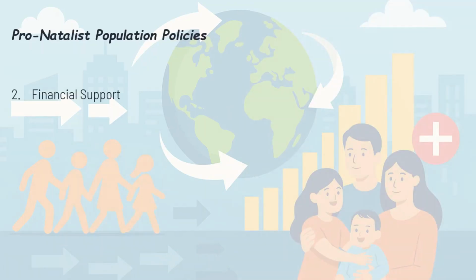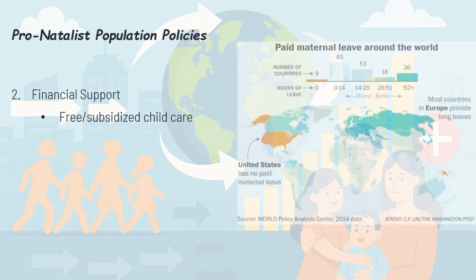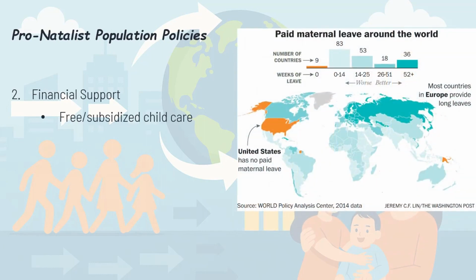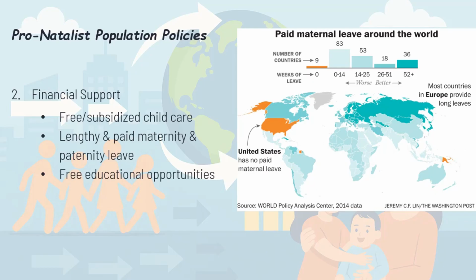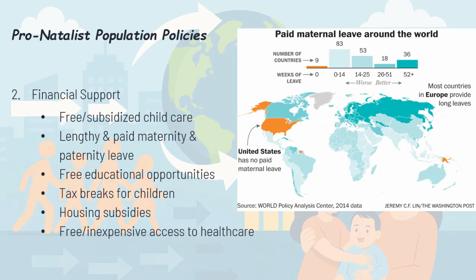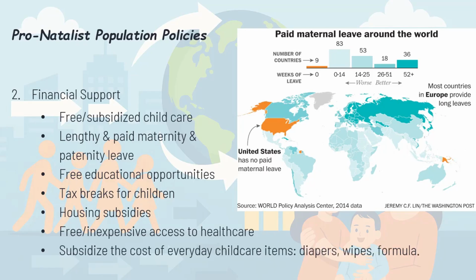So, we've seen the propaganda side of pro-natalist policies. Now let's talk about the money moves. Because let's be honest, having kids is expensive, and governments know it. That's why many countries try to boost birth rates by offering financial support. They make raising kids a little less stressful and a lot more affordable. Think free or low-cost childcare, paid maternity and paternity leave, tax breaks, housing help, and even free education.